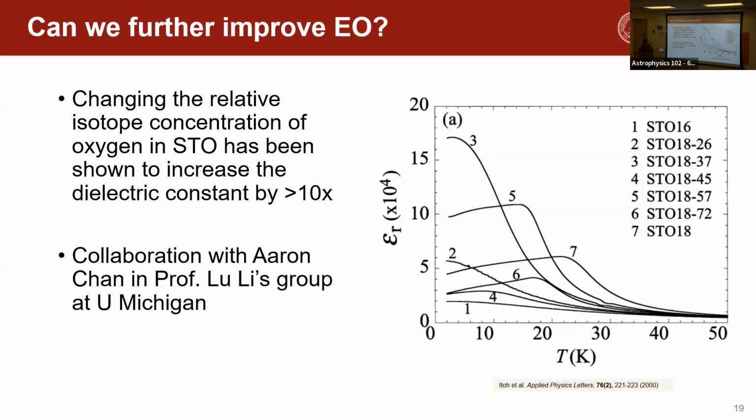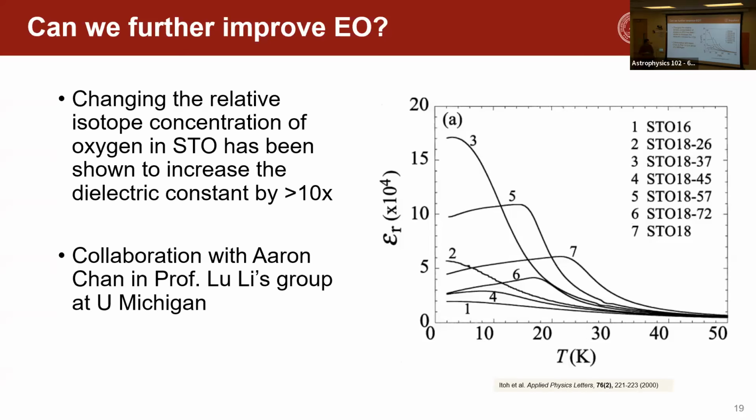And this is inspired by some previous work from around 20 years ago that has shown that if you actually change the isotope of oxygen in your strontium titanate and go from almost purely oxygen 16 material to around 40% oxygen 18 and 60% oxygen 16, you actually expect an even greater increase in your dielectric constant. And beyond a certain value, you also expect to be able to reach a fully ferroelectric state as well.